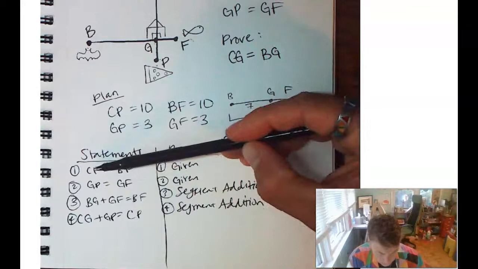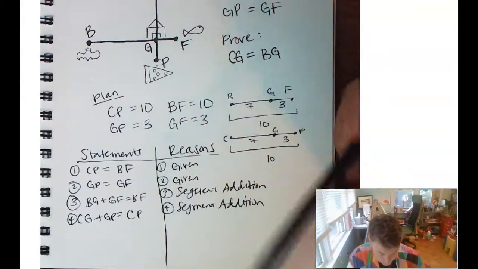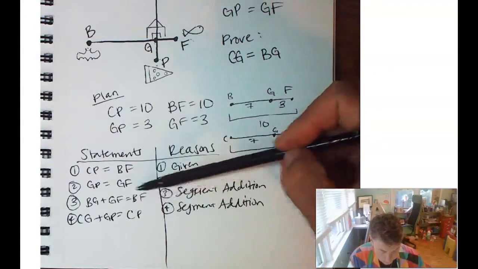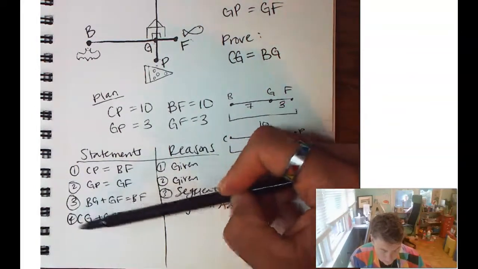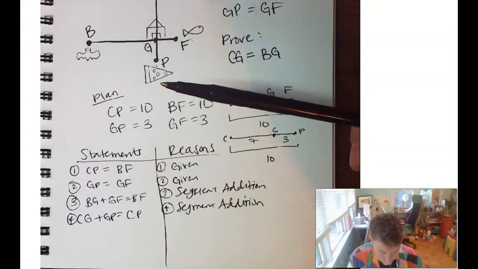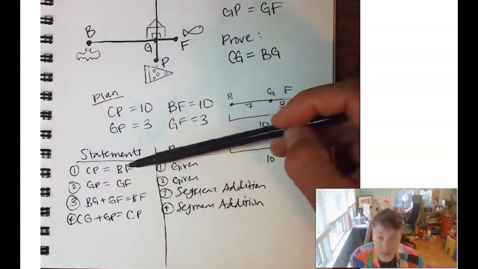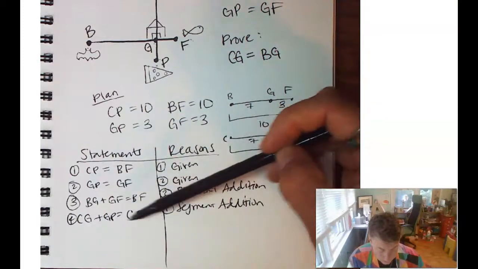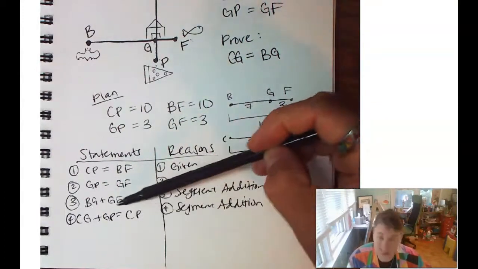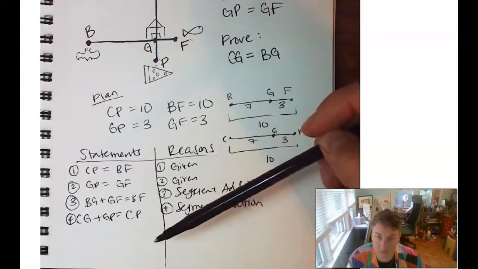We've got CP equals BF, and we have BF equals this thing and CP equals this thing. So if CP equals BF and BF equals something and CP equals something, these somethings must be equal to each other.